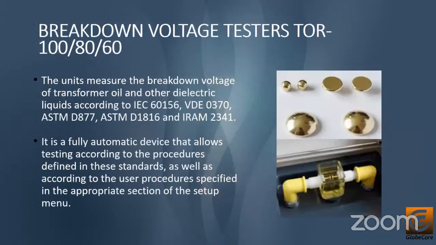The equipment can be powered by voltages ranging from 85 to 264 volts, which allows adaptation to the conditions found in the field at the time of the measurements. Its maximum voltage is 100 kilovolts, which exceeds the values specified by international standards.